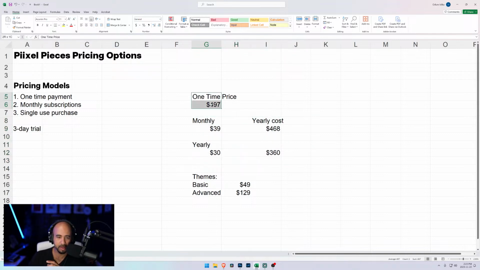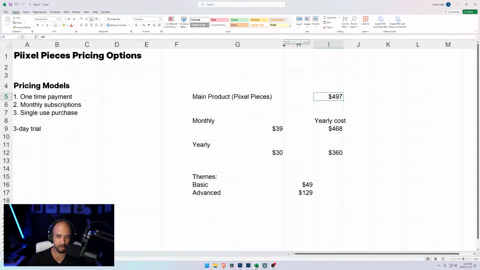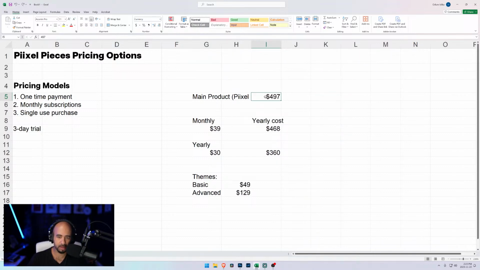Okay, so we're gonna go with, yeah. Okay. Where should we put this? Let's just put this one-time price. And so this is the main product. Pixel pieces. We gotta make this. Actually, no, let's not do that just quite yet.